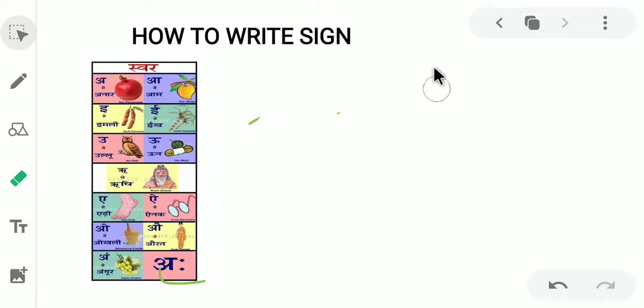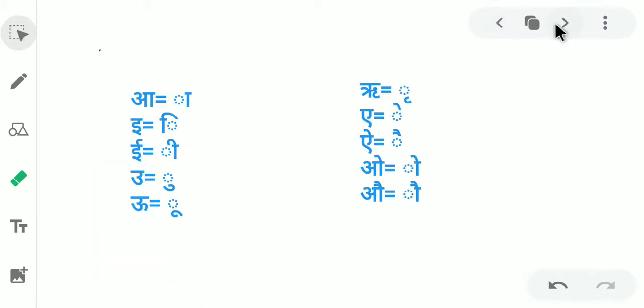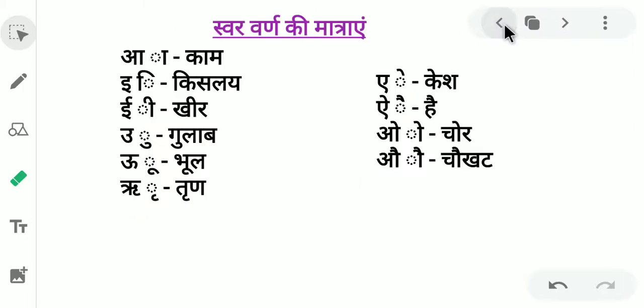So it is the second lecture of Hindi language. I hope you understand. Again I'm going to repeat. So this is a, e, u, re, a, I, o, ow.